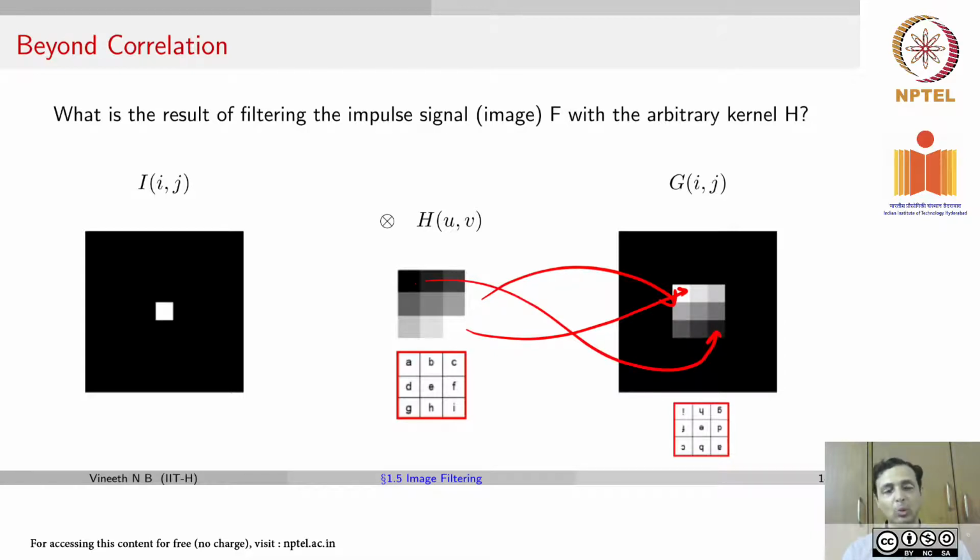Rather, your output will be a double flipped version of your input. You can try out working out cross correlation pixel by pixel and you'll realize this yourself. For example, the output at this pixel here, so let me perhaps erase these.